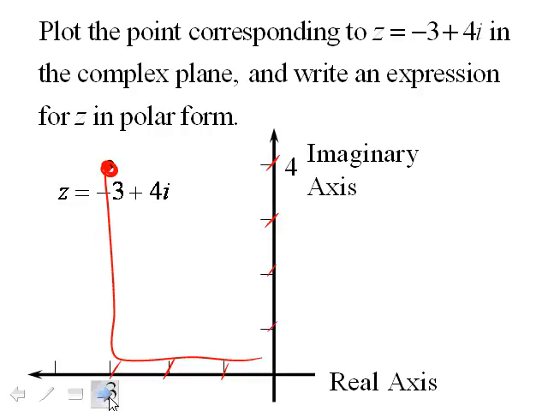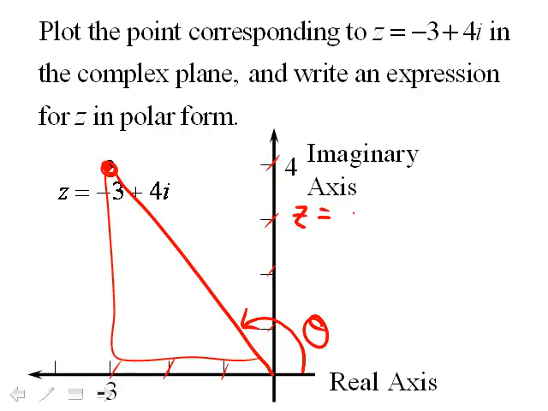minus 3 plus 4i. And now to write z in polar form, what we want to do is think about it in terms of an angle theta. So z would be equal to r times cosine theta plus i sine theta, and r is the magnitude of z.